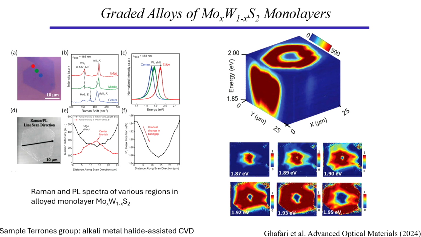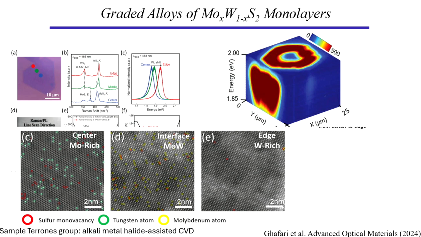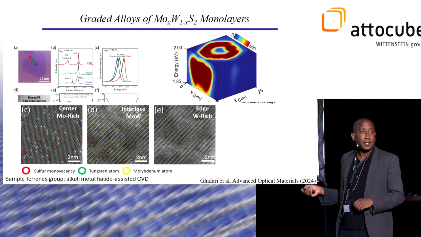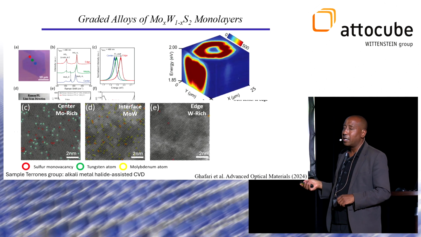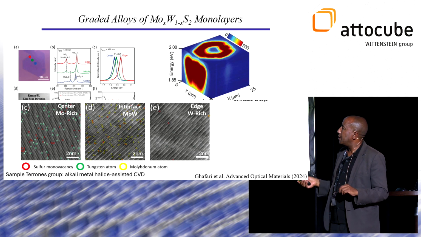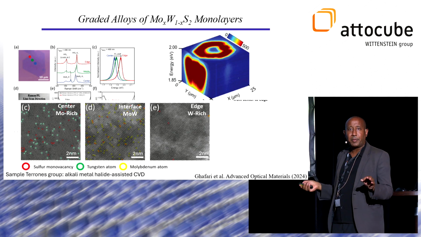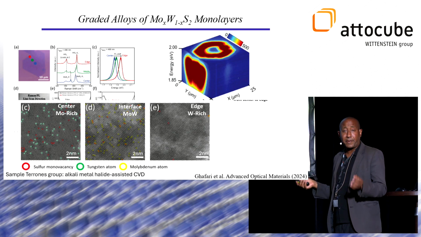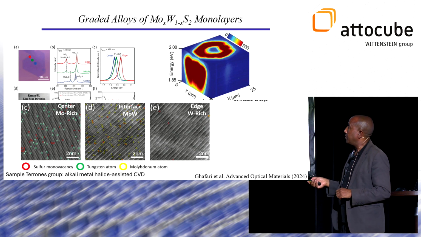So here is the interesting question. You have this kind of atomic detail, which we cannot get optically, by using electron microscope, which shows you atomically all the contents, the molybdenum, tungsten, as well as the vacancies at different places.